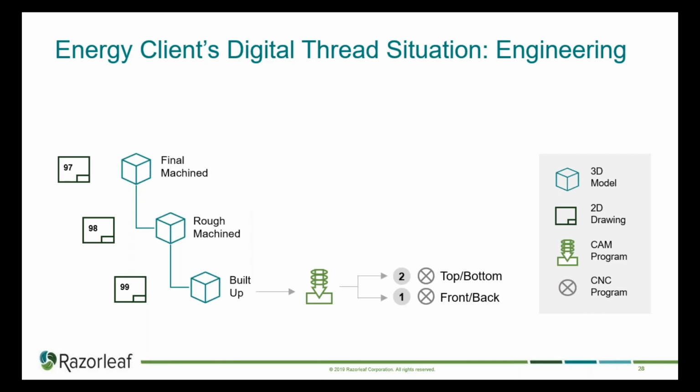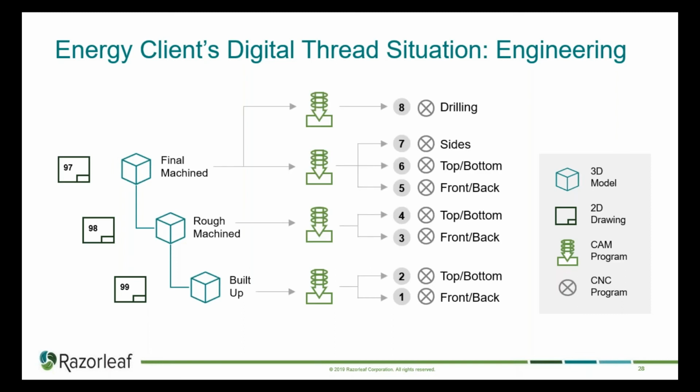So they'd have to have a different program for the top than they would for the sides, because it might be machining for 2 or 3 days. So anyway, you get the idea that this built up to quite a bit of data, right? So from the engineering or the product planning perspective, we had multiple CAD models, multiple CAM programs, and even more CNC programs just for one part of this thing.